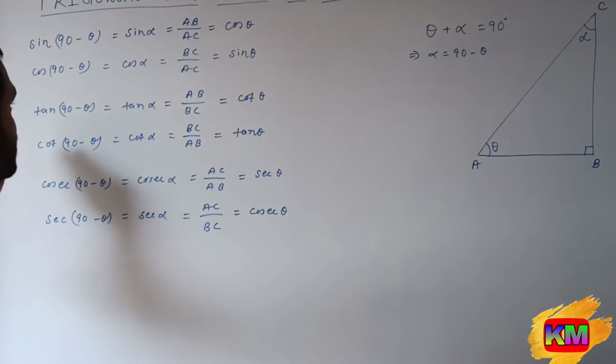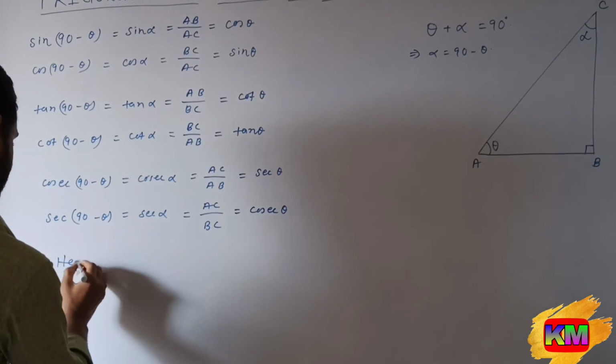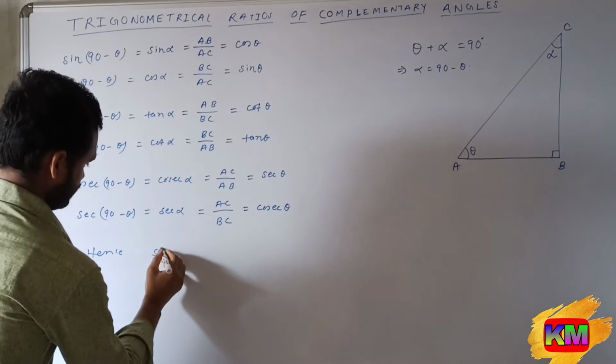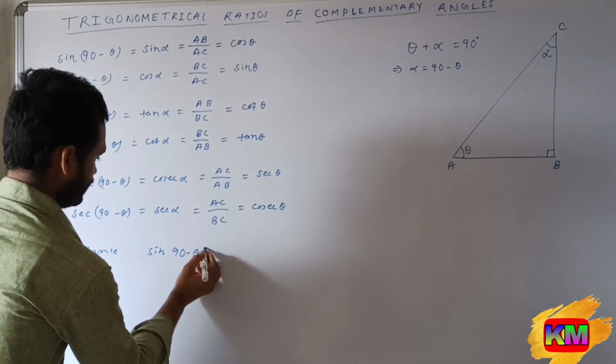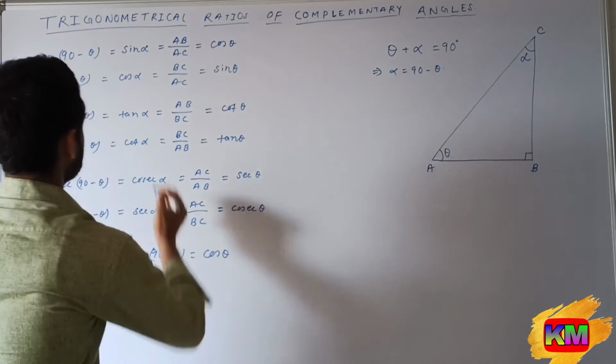Hence we have these six trigonometrical ratios of complementary angles, and we can write: sin 90 minus theta equals cos theta.